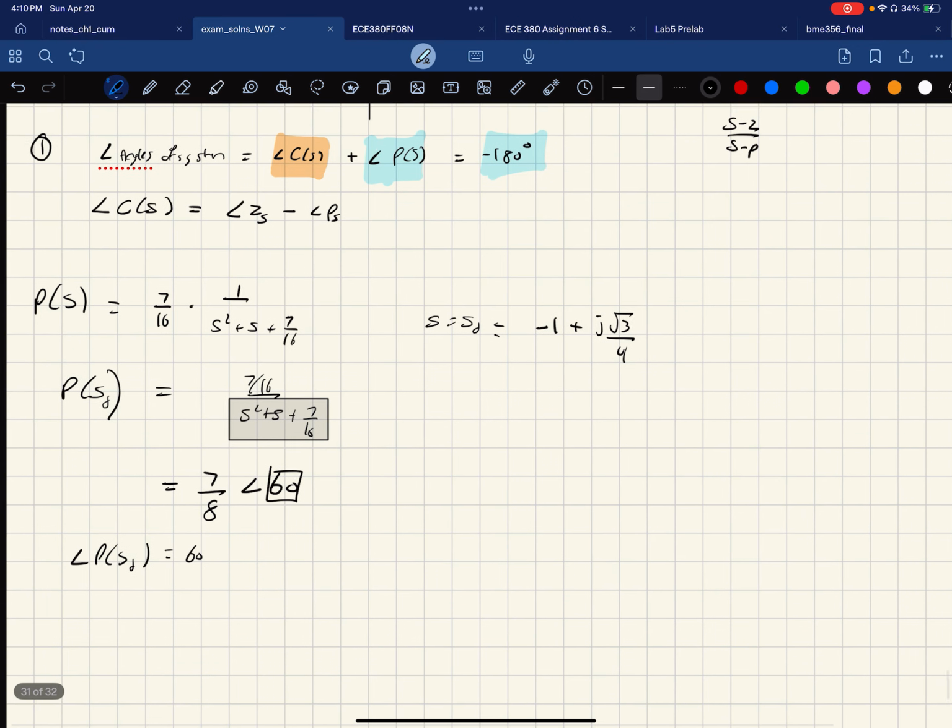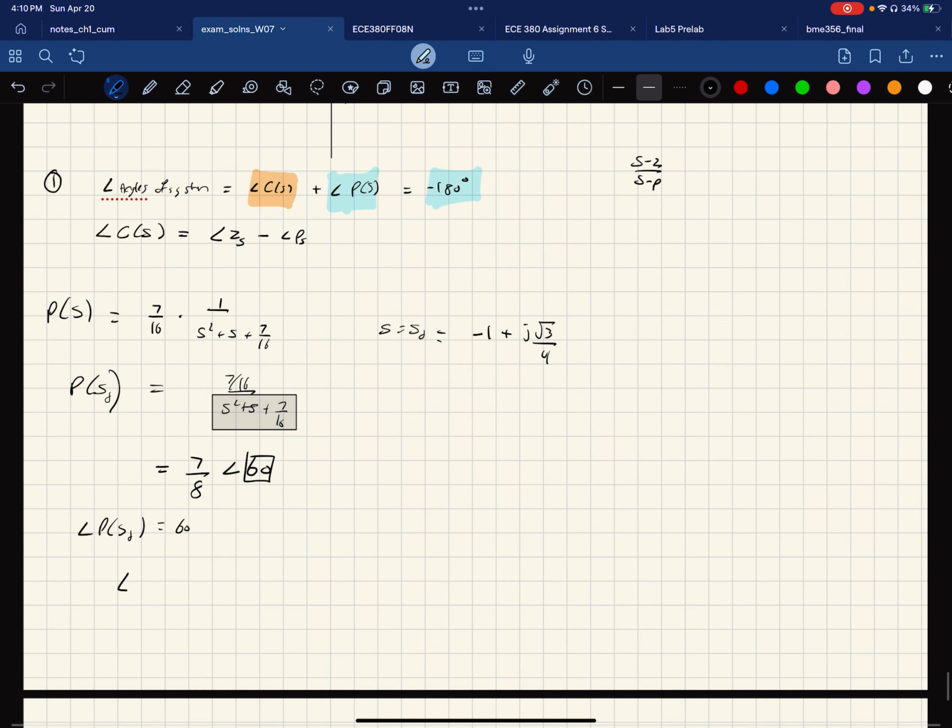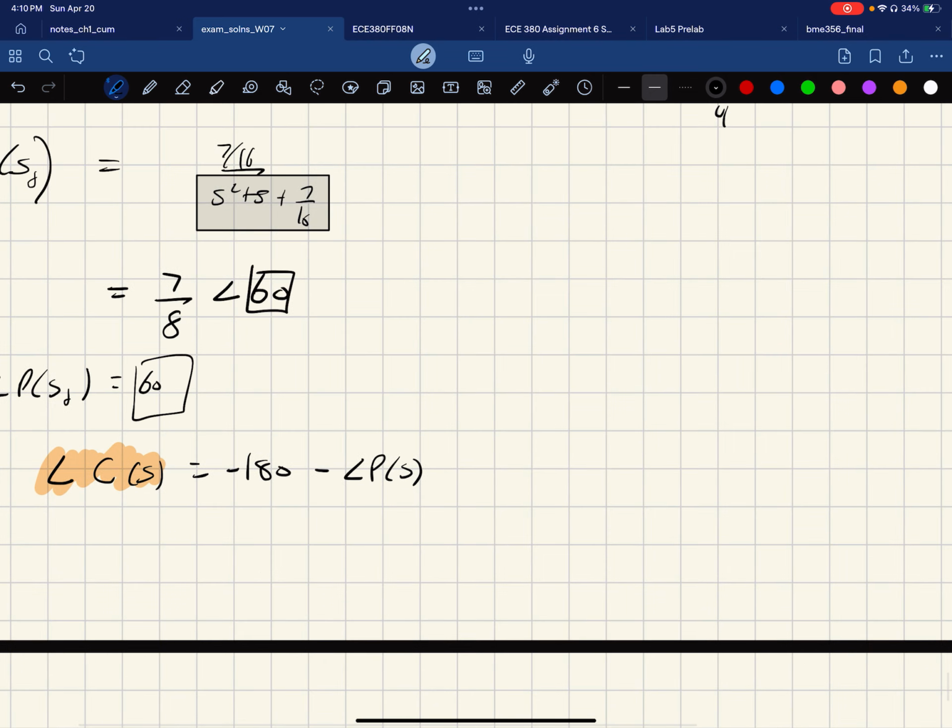And I know as a rule of thumb that C of s is going to equal minus 180 minus the angle contributed by P of s. In this case, that's 60. So the angle by C of s should be minus 180 minus 60, which is minus 240.